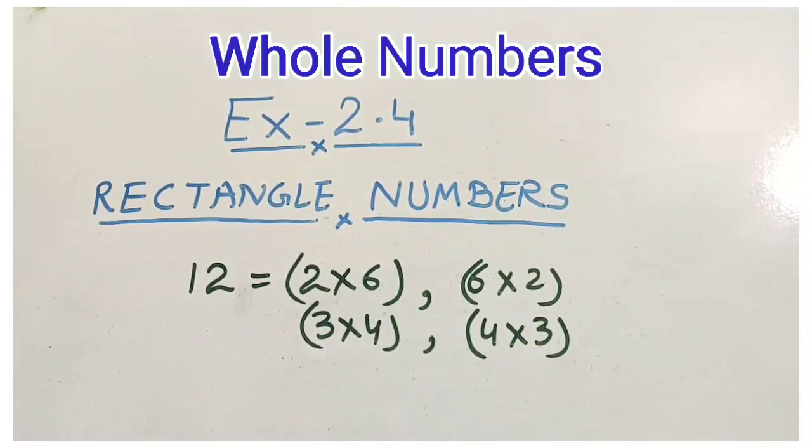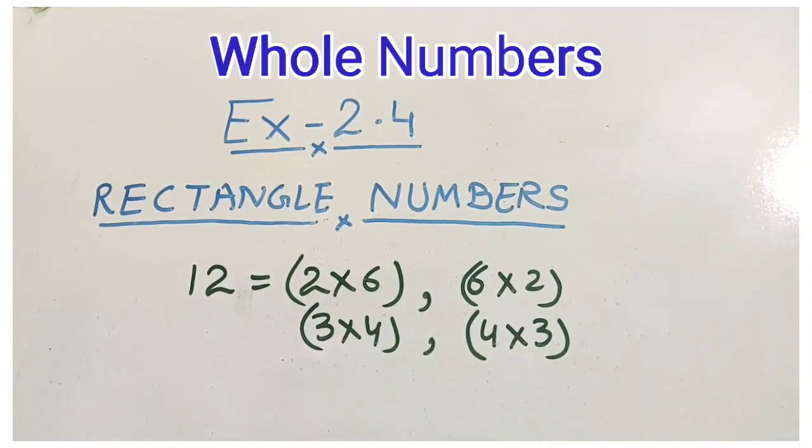Clear? 2 into 6, 6 into 2, 3 into 4, 4 into 3. One more pair will be there, 1 into 12, but I have told you we will not take 1 as a factor while drawing or plotting the dot structure. Okay? So there are 4 possible outcomes.